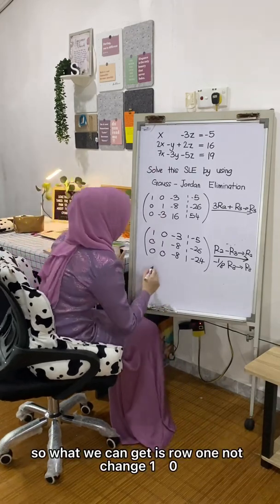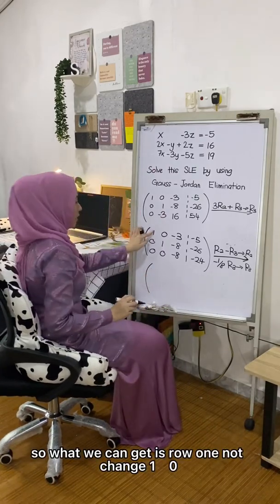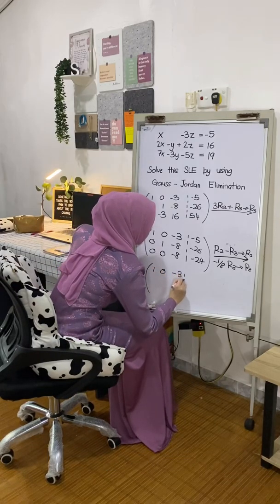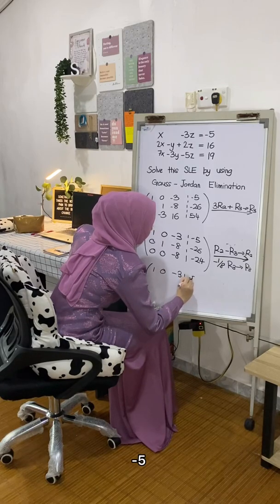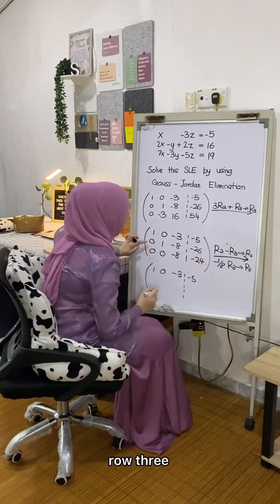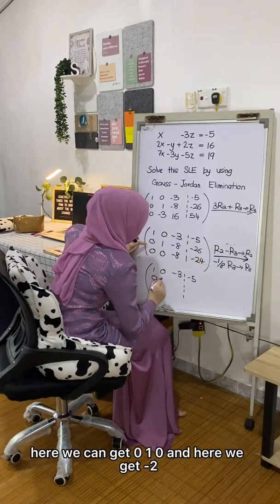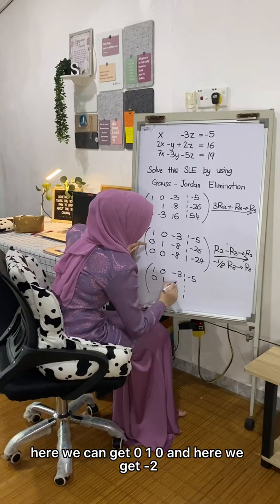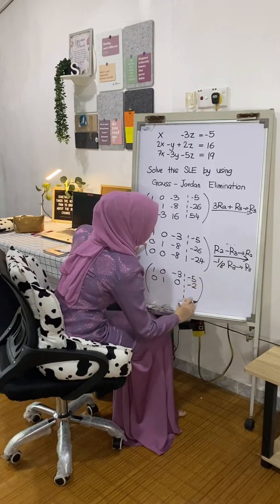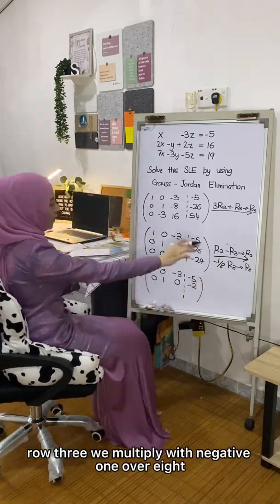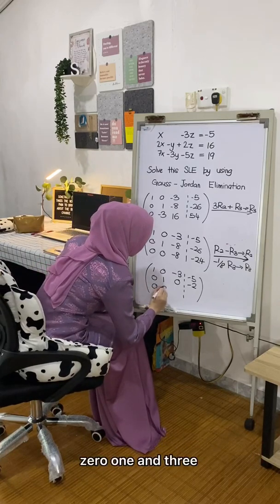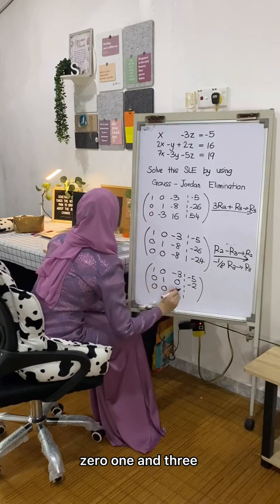So what we can get is row 1 not changed, 1, 0, negative 3, negative 5. Row 2, we change row 2 minus row 3. Here we can get 0, 1, 0, and here we get negative 2. Row 3, we multiply with negative 1 over 8. So here we get 0, 0, 1, and 3.